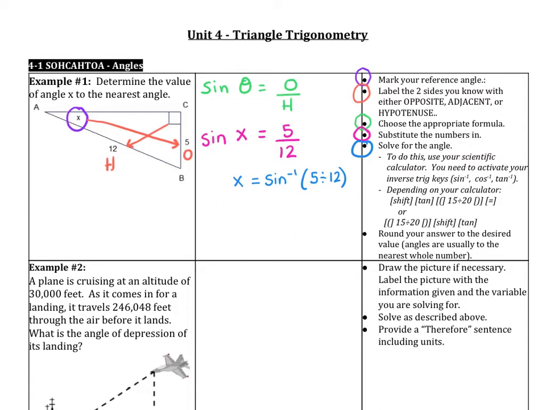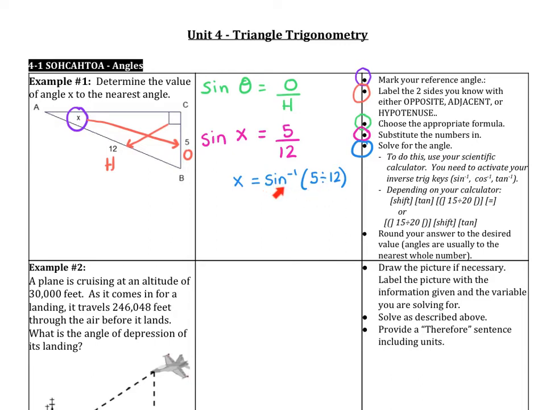Now, depending on your calculator, you're either going to press the sine inverse button first, then the bracket 5 divided by 12, or you're going to do the 5 divided by 12 first and then press the sine inverse button.